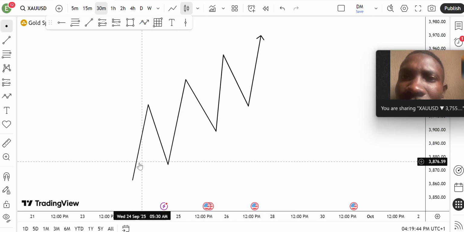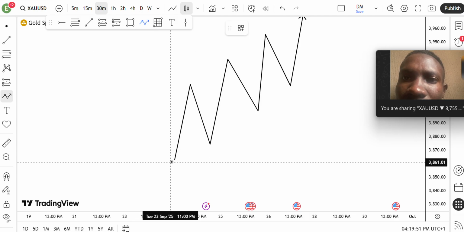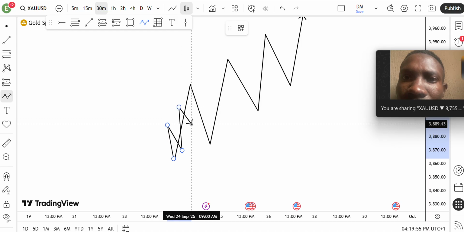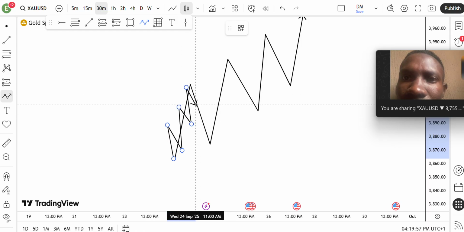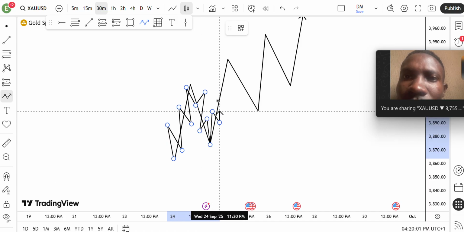Normally when price moves, it usually moves like this. The drawing will be awkward, but still, you use it like that.